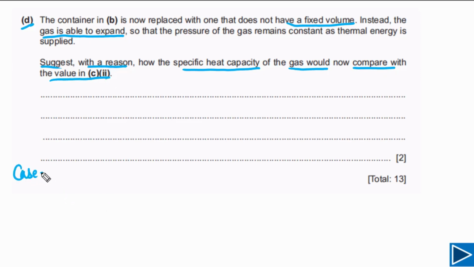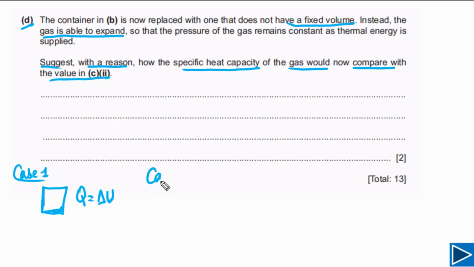Let's say for case 1, we had a container that has a fixed volume. So this is our case 1. In this case, to increase the internal energy, we have said that Q was only equal to delta U. It means all the thermal energy was used to increase the internal energy of the gas.